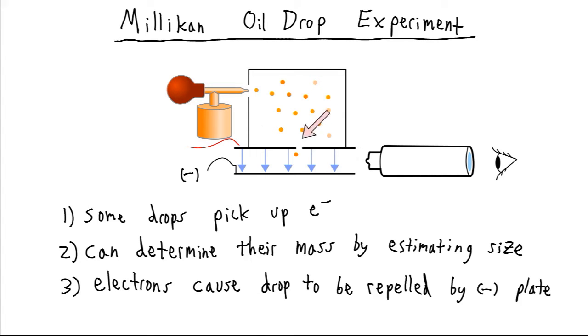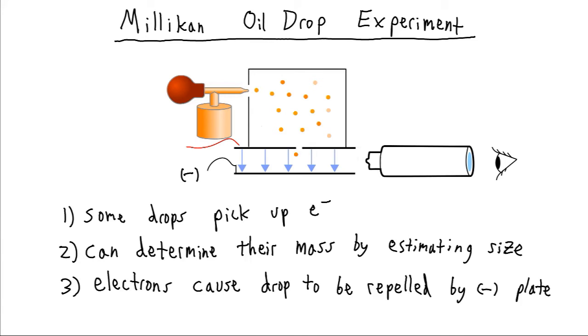But once the droplet does pick up some electrons, it's allowed to settle on a charged plate. And this plate, Millikan controls the amount of charge on it. So he can calculate that charge. Now there's a force acting on this droplet. The force is gravity. Gravity is pulling it down.